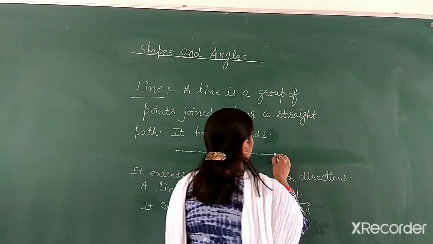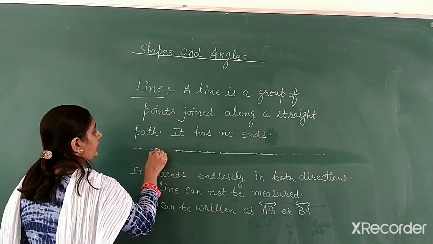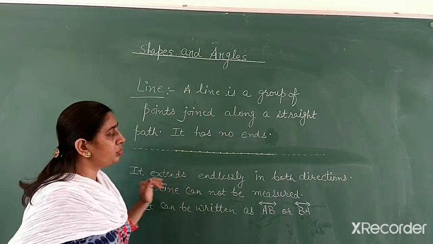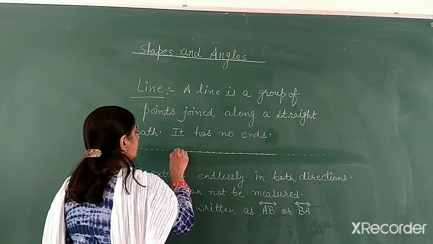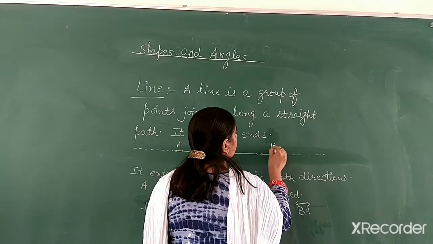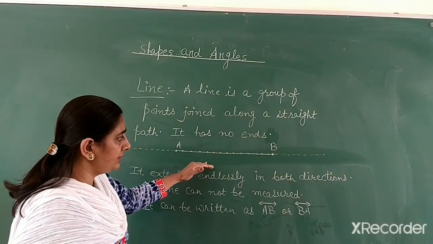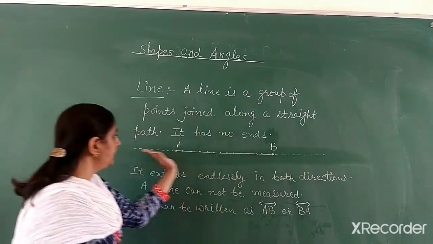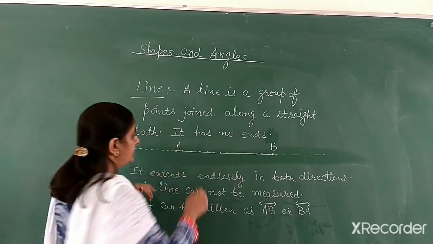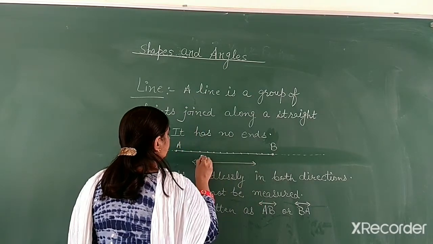Since a line has no ends, it can be extended in both directions. Say, this is the point A on the line and this is the point B on the line. Now, you can extend this line in this direction as well as in this direction also. Now this line can be represented like this.